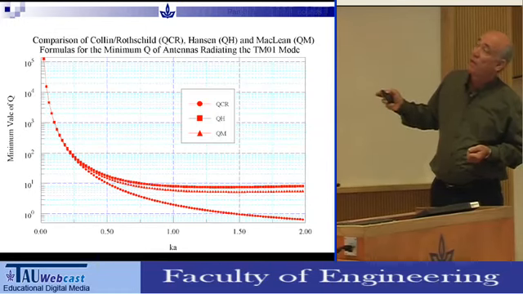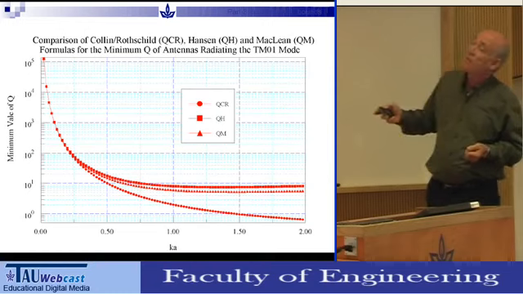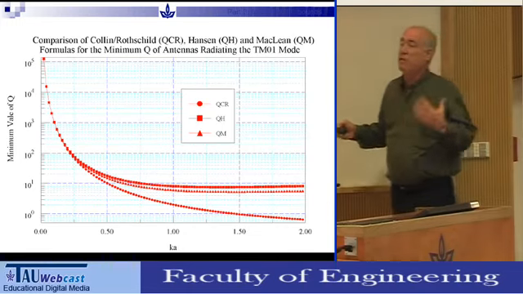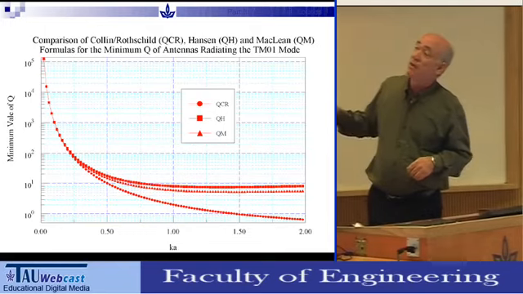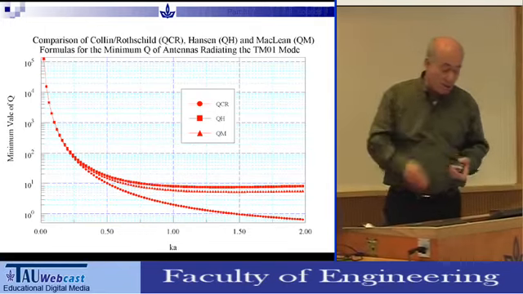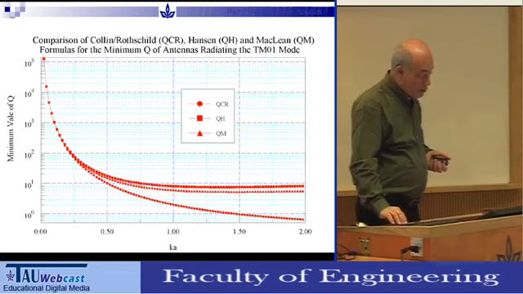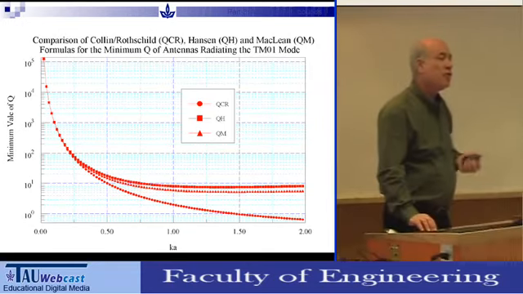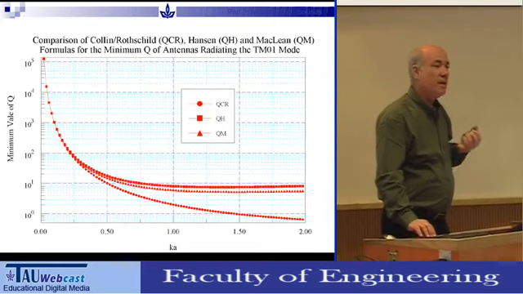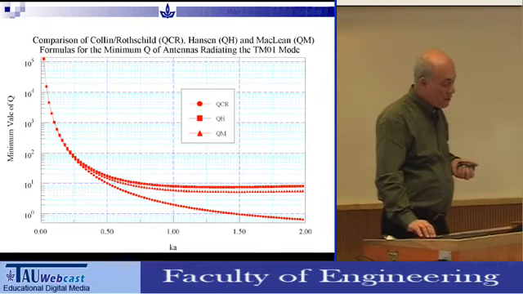So McLean was the work I was just quoting, but there are, of course, other works, and they differ in the region where the issue is not that much, but they become very close together for very small antennas here, and the Q, like I said, goes very high. And I'm sure that in the future we'll see more and more publications about the same thing, because the actual limit is still fuzzy, and people are trying to get to it.